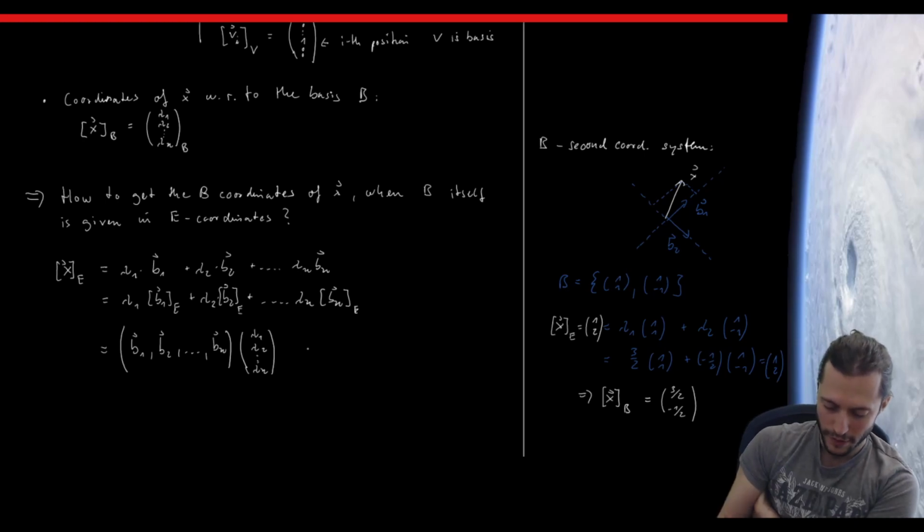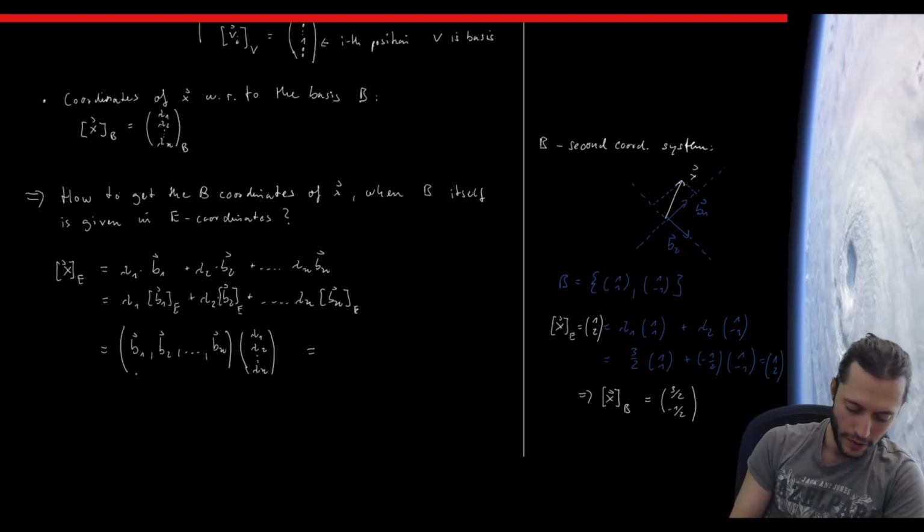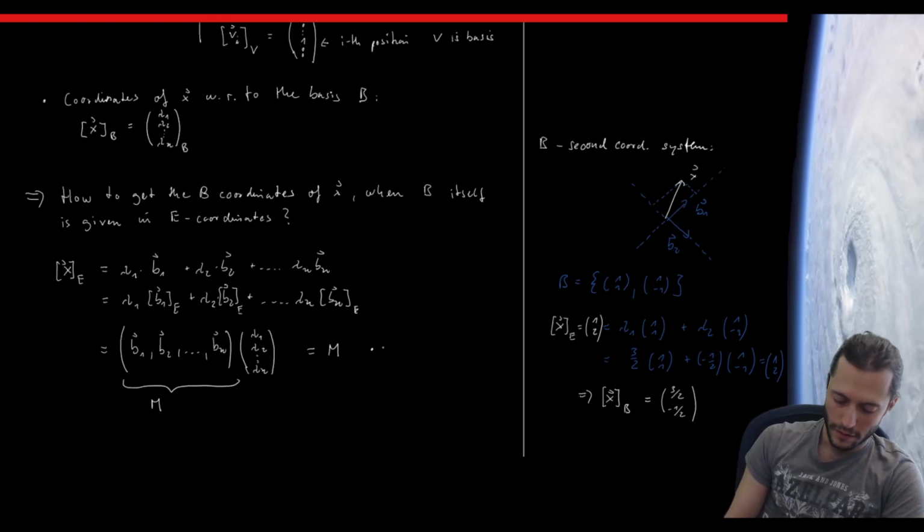All right. But what do we have here? Let's look at this in more detail. If we give this matrix a name, let's call it M. Then we have M times, and I'm leaving space here on purpose, the vector x with respect to b.